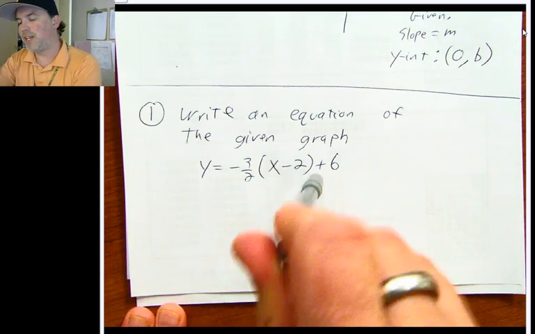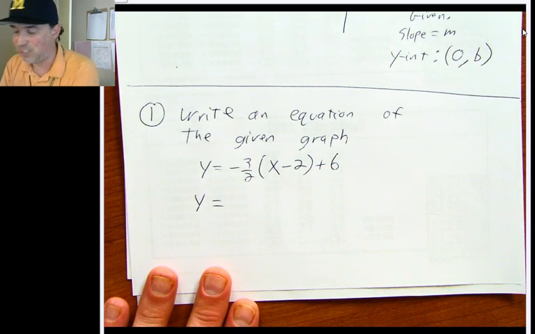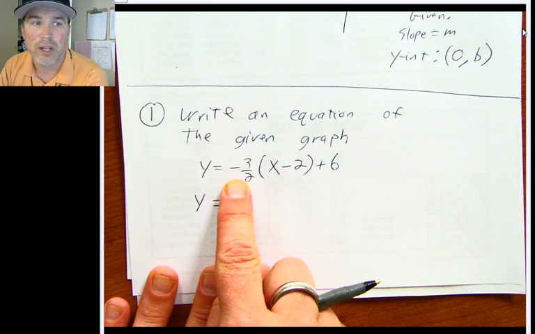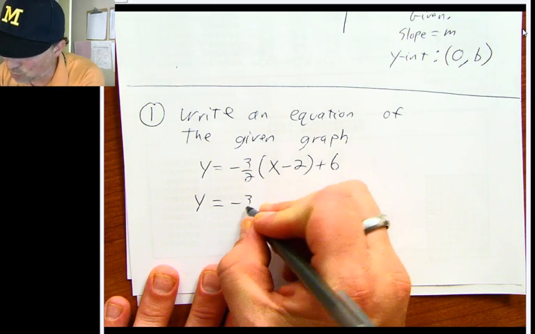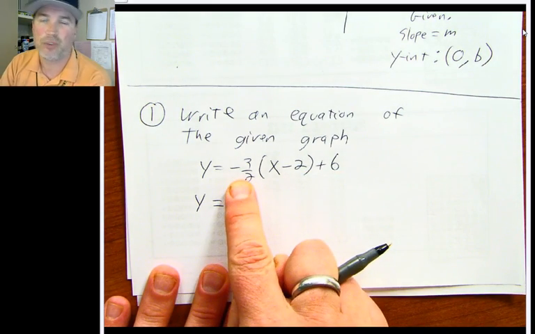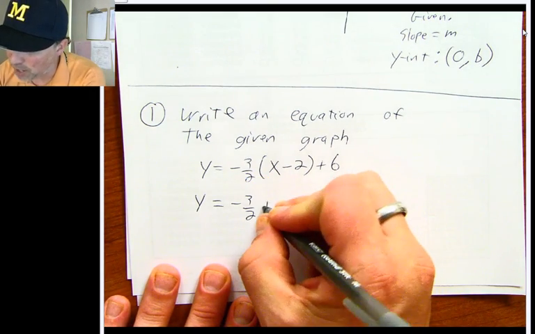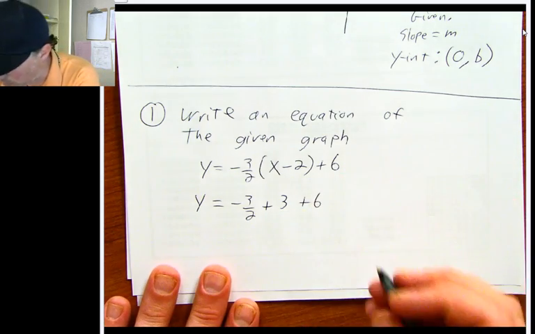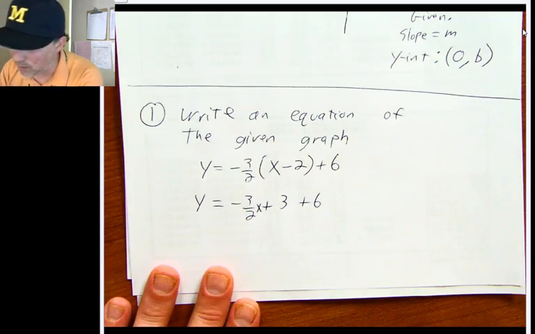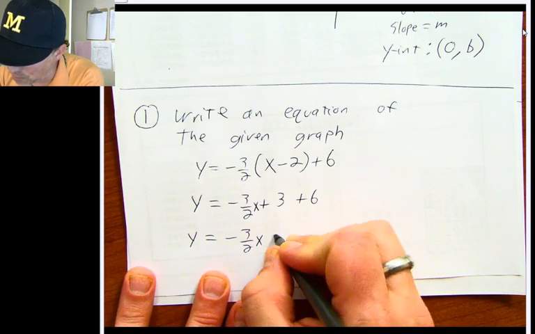But if you have to then get it into slope intercept form for answer checking, or just because you prefer it, you have to distribute. -3/2 times x is -3/2x, -3/2 or -1.5 times -2 is +3, and then plus this 6, and I left out my x, so put that x in there, and then your final answer would be y = -3/2x plus 9.